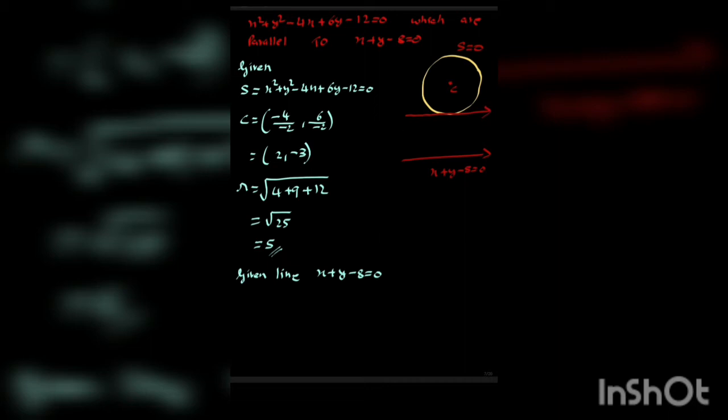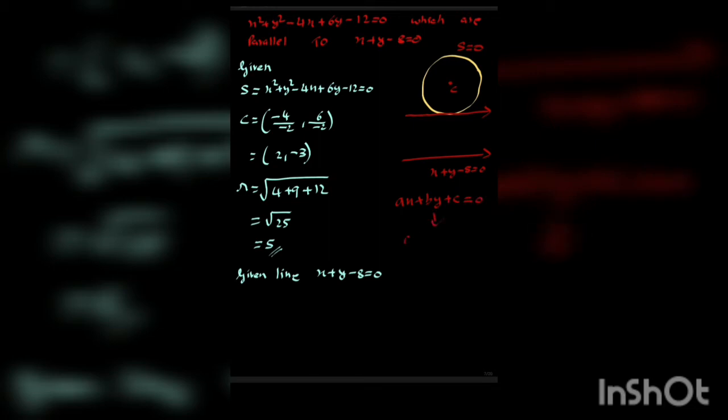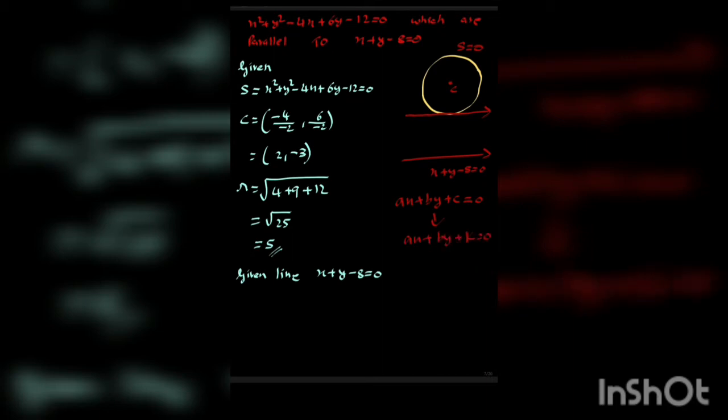So we know the general form, that is ax plus by plus c is equal to 0. But the parallel form of this is ax plus by plus k is equal to 0. So then what will be this line? That is x plus y plus k is equal to 0.